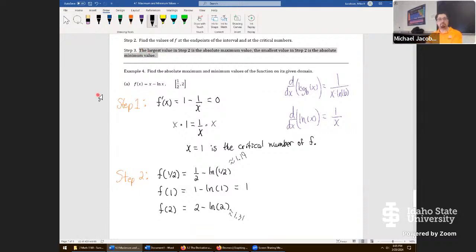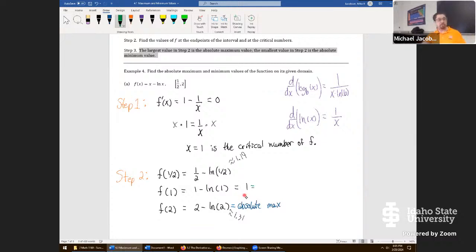Now we just do step 3. It says the largest value is the absolute maximum. That makes sense. So here, the largest value was 2 minus natural log 2. What I'm going to do is say it equals the absolute max. Next, the smallest value is the absolute minimum, and that would be this one. A half minus natural log a half is just a little bit larger than 1.